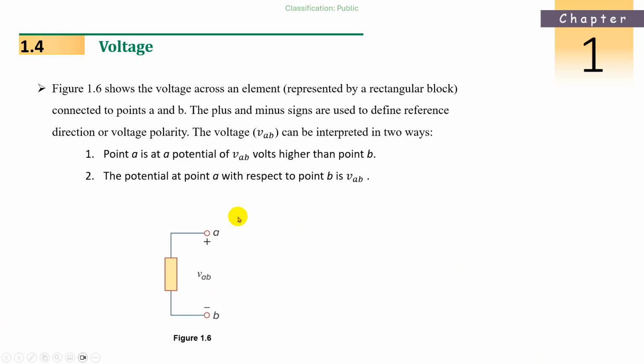Simple way you can say, VAB is the higher potential at A with respect to the lower potential at B.